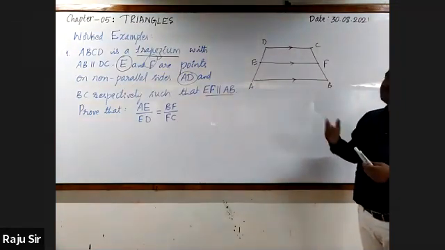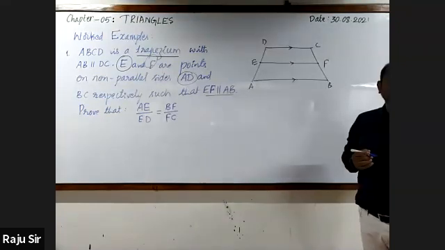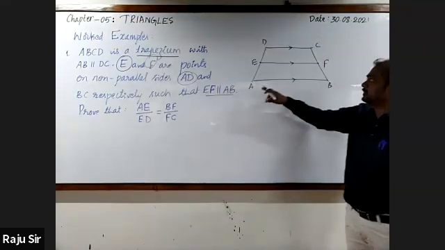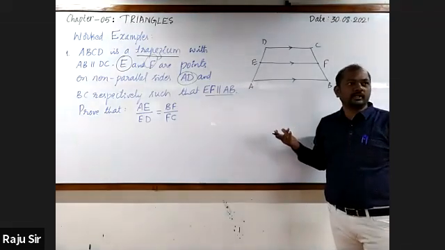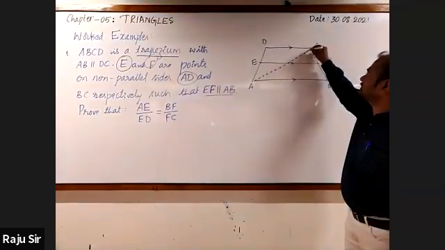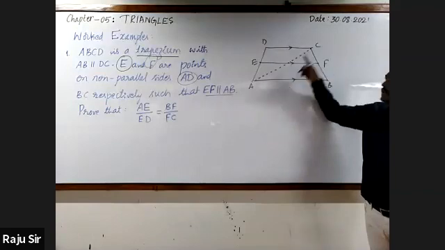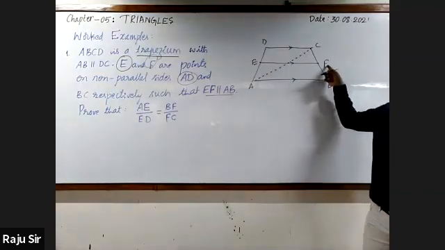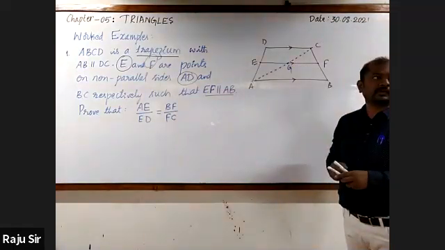Then what may be that construction? Which is AC, is it not BD? Anyone can be taken. So as you said, let me go for AC. Let us join AC which intersects EF at a point, call it G.